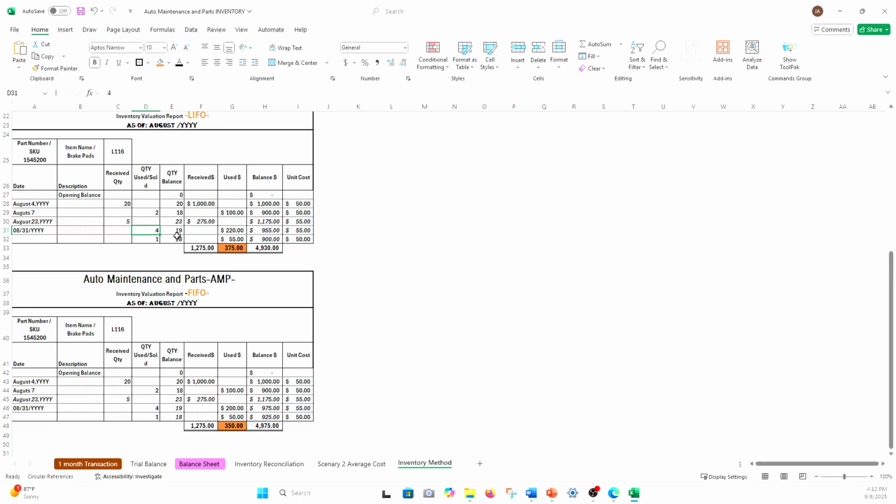Instead of coming out at 50, they came out at 55 because that was the last purchase that we did. So 4 by 55 equal to 220.